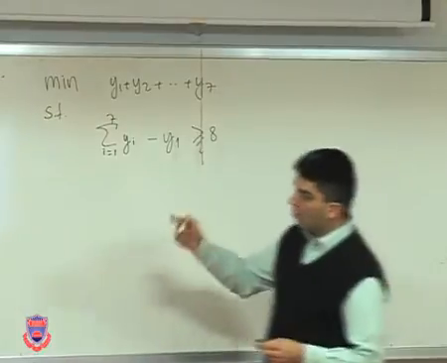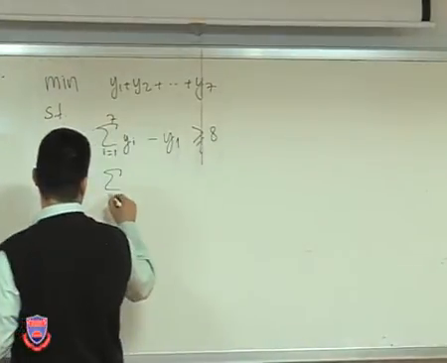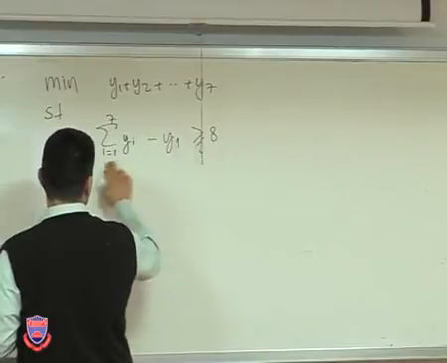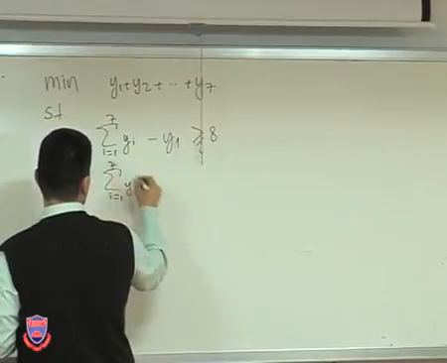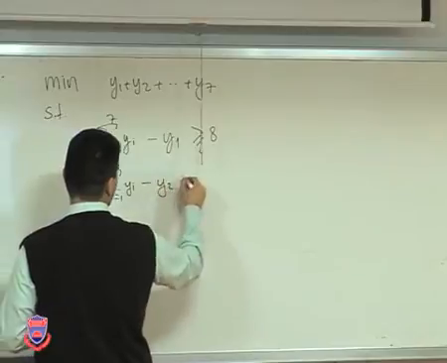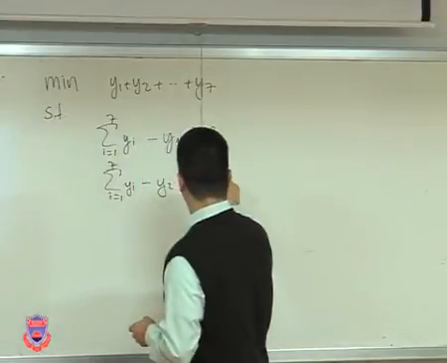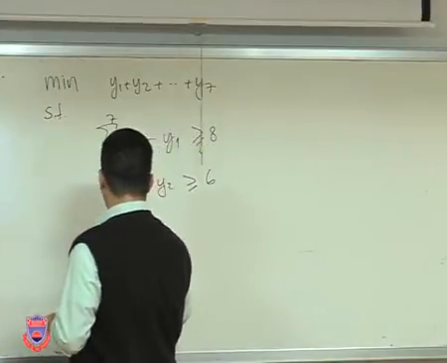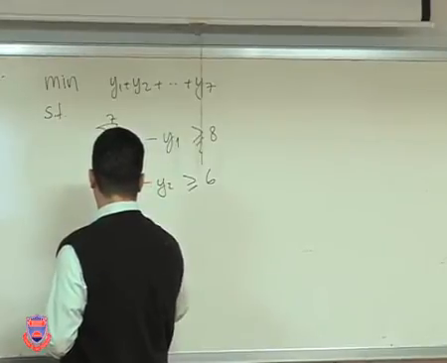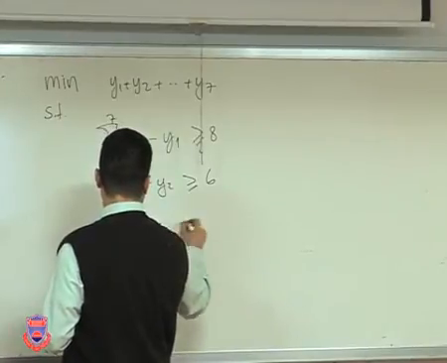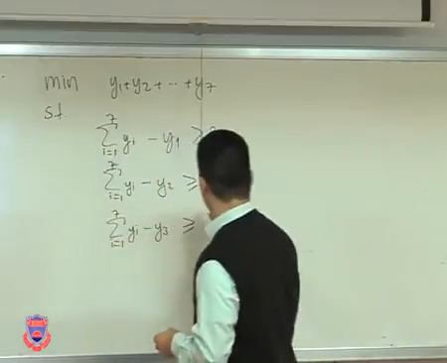Okay, so let me move on to Tuesday. The total number of workers minus y2 should be at least 6. The total number of workers minus those who are not working on Wednesday should be at least 7.